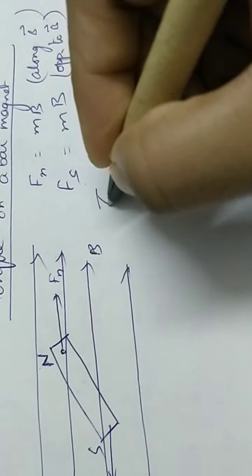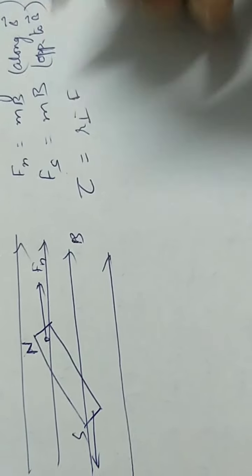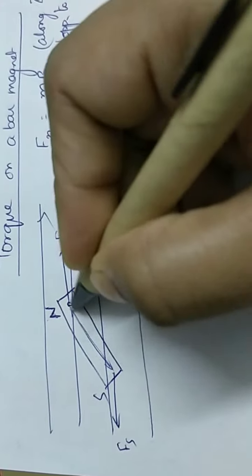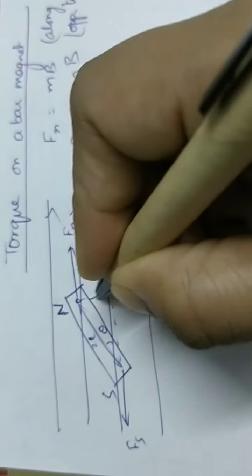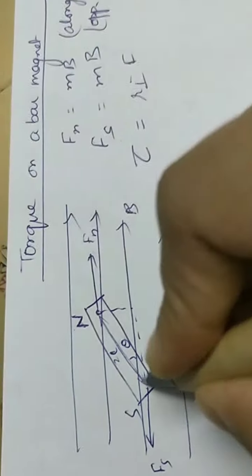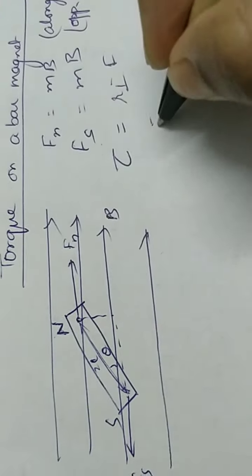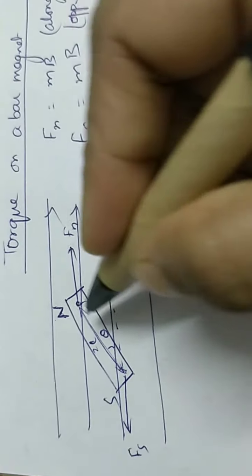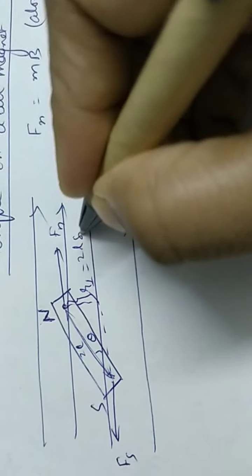You know that the formula for torque is the moment of the couple, so r perpendicular into F. This distance we always consider as 2l, and this angle is theta. If I consider my axis of rotation at this place, then the torque because of this force will become 0, but the torque because of this force will be equal to r perpendicular into F. This r perpendicular is equal to 2l sine theta.